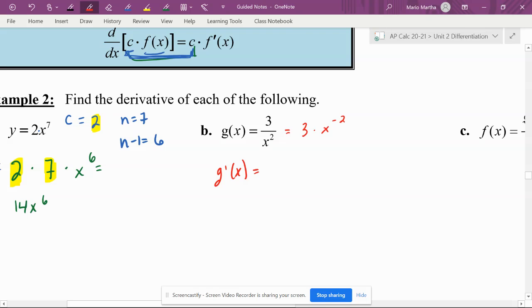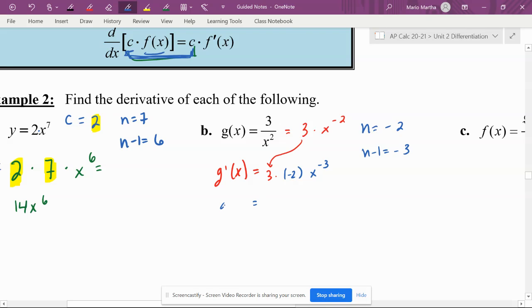And then this equals, again, your constant is 3. So that's just pretty much rewrite it, 3. And then our n is equal to negative 2. And then n minus 1 is equal to negative 3, right? So negative 2 minus 1 is negative 3. So negative 2 is our n. And then x raised to the n minus 1, which would be negative 3.